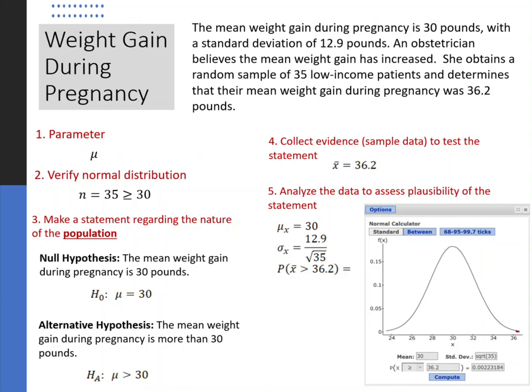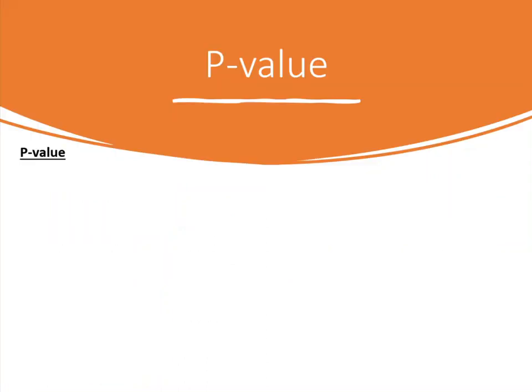Now, how do we apply that information, that idea, to what we're looking at here? Well, we have this idea about a p-value. And in our example we're looking at, we found that the probability for women to have a weight gain greater than the population was really only 0.002.